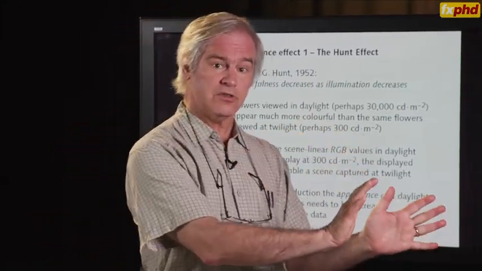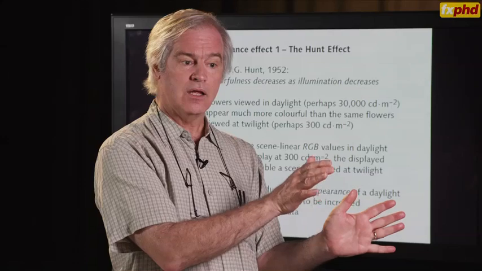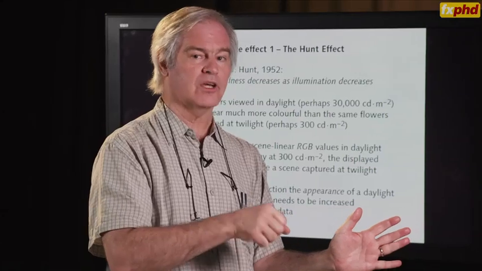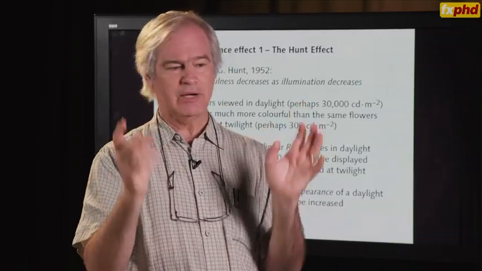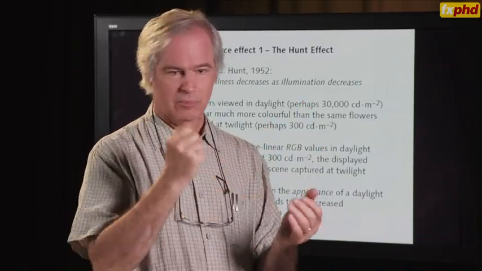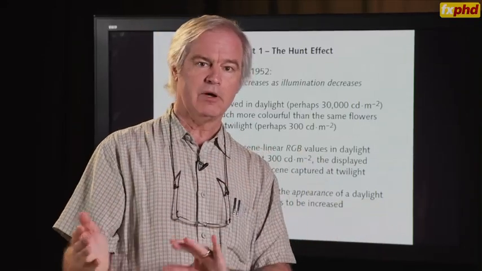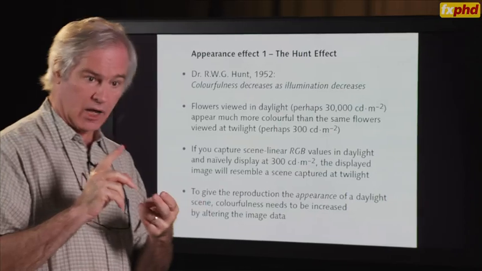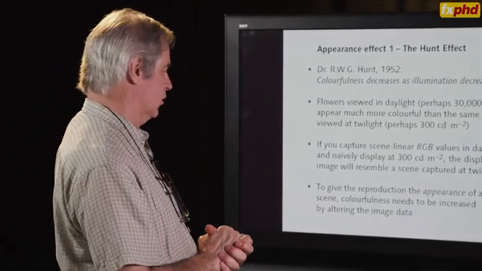So to turn this image into an image that looks reasonable as a depiction of a daylight scene, we boost the colorfulness appropriately. Now, I'm not talking about zing or punch or zap or any of those sorts of words. I'm just talking about making the image look like it came from daylight. And a colorfulness boost is perhaps the most important thing we need to do.